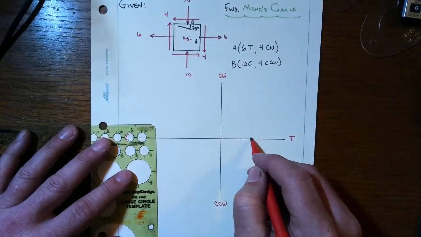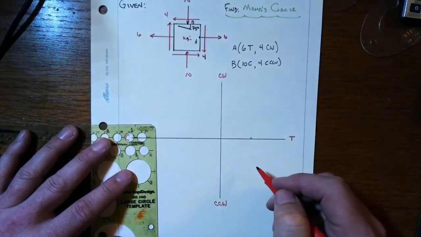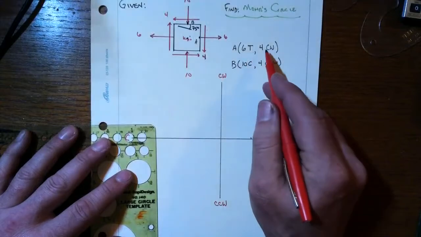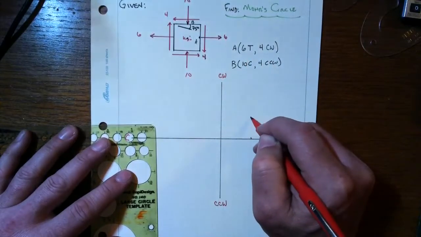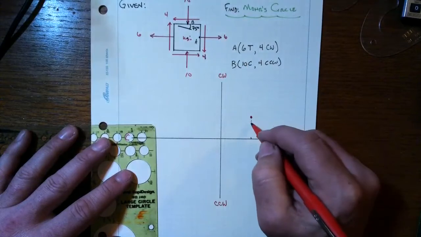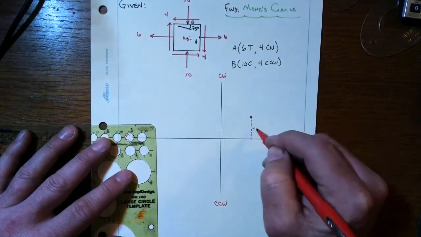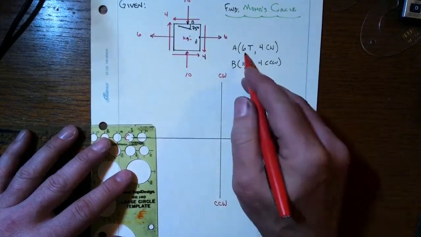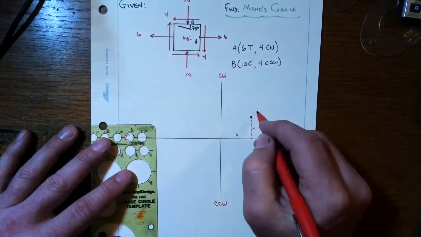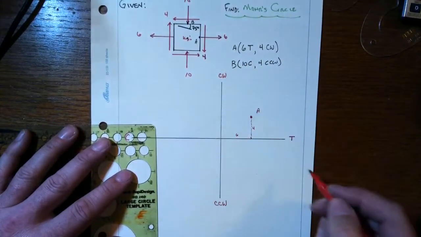So that's going to put a 6 right there. 6 tension, 4 clockwise. 1, 2, 3, 4. That's 4 there. And that's 6 from the origin there. So that is point A.